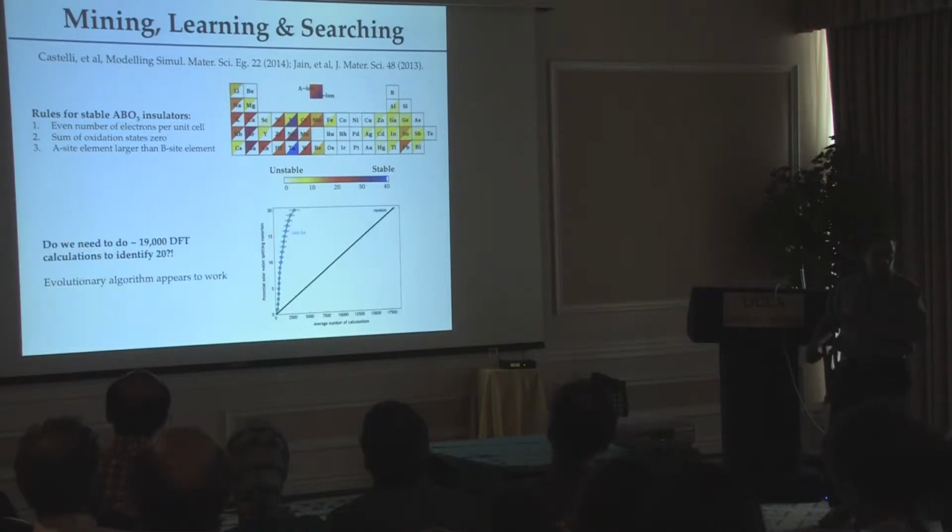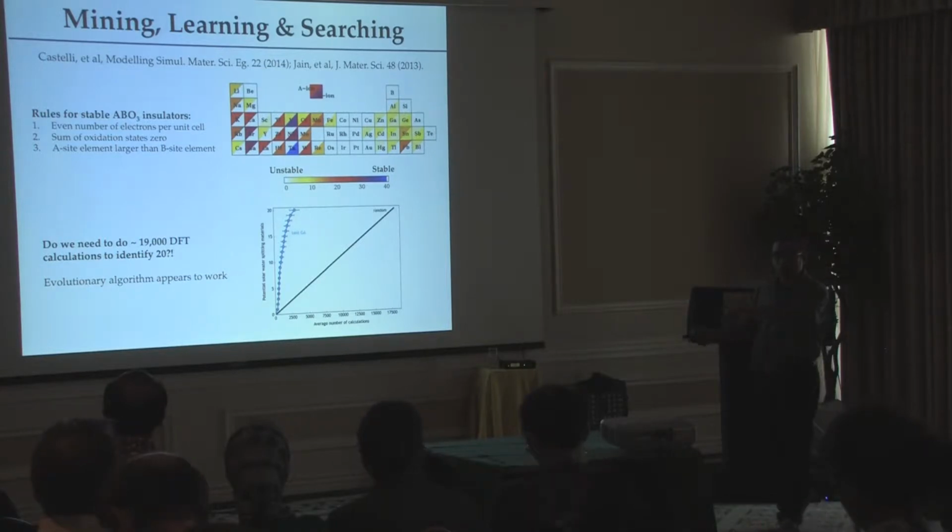But still, you have to do 19,000 calculations to figure all this out. Do you really need to? Is a question. And in further work, they basically used an evolutionary algorithm to see if they can get to the 20 target cases quicker, without doing 19,000 calculations. Right?